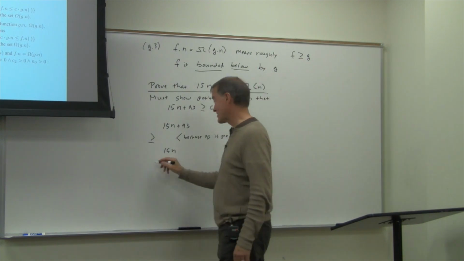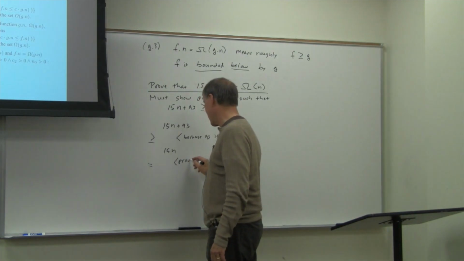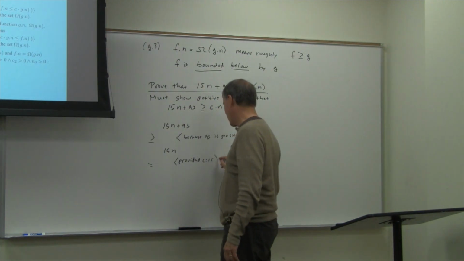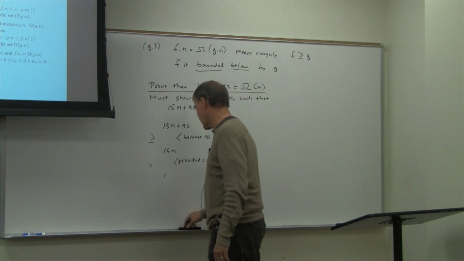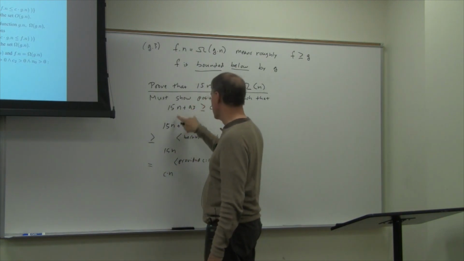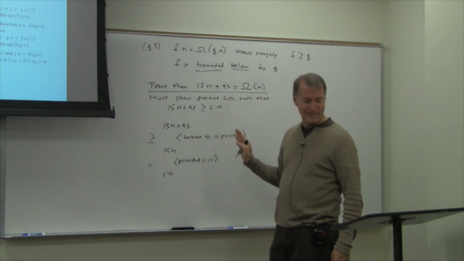And now what does this equal? Provided c equals 15, this equals c times n, which is what we were trying to prove: that this is greater than or equal to c times n.